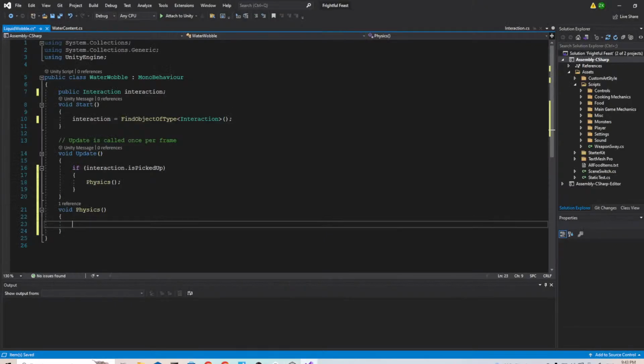Alright, we'll get a Vector3, player input, is equal to new Vector3, input dot GetAxis with mouse X, I believe, and mouse Y. And then we also want to do it for the movement too.